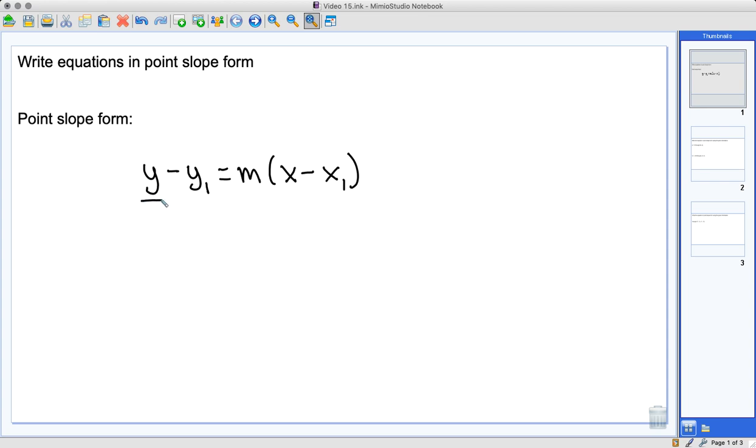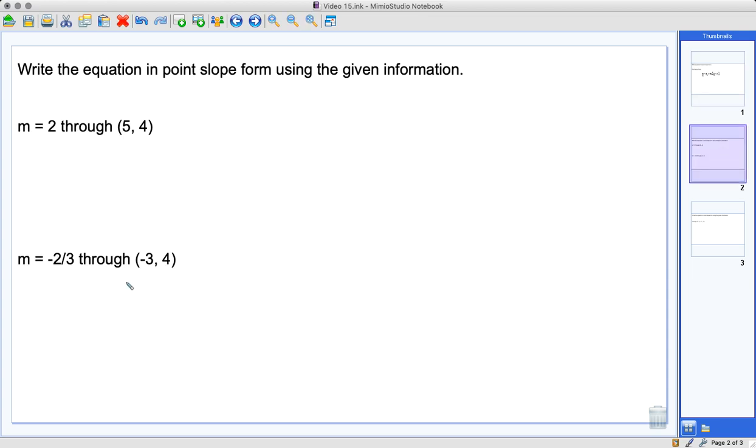This y and this x will not have things plugged in, so don't plug anything in for those two variables. Write the equation in point-slope form using the given information. So you have your m, and this is going to be your x1, y1.